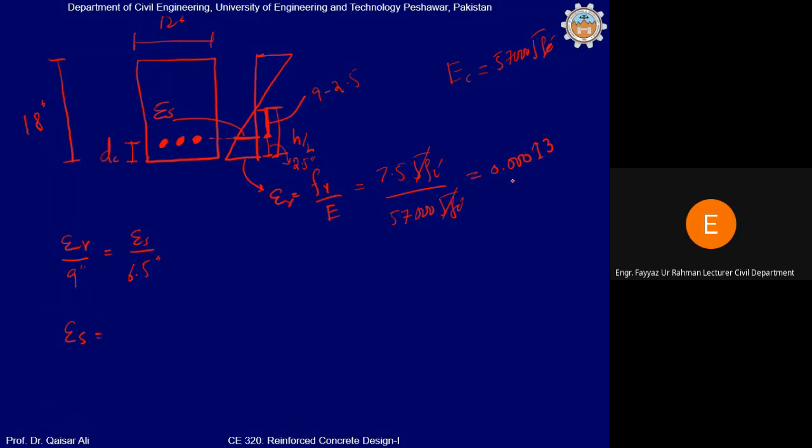Now from this we can calculate Es, which is equal to ER times 6.5 divided by 9. Now what is the value of ER? 0.00013 multiplied by 6.5 divided by 9.